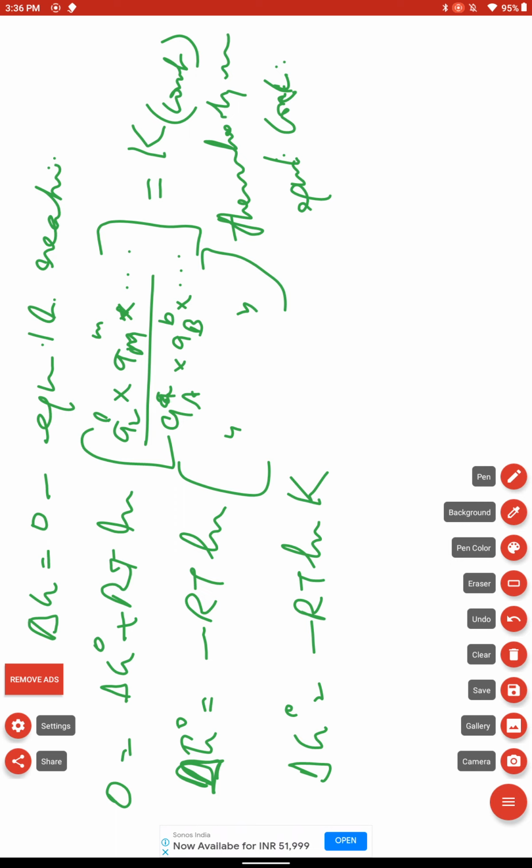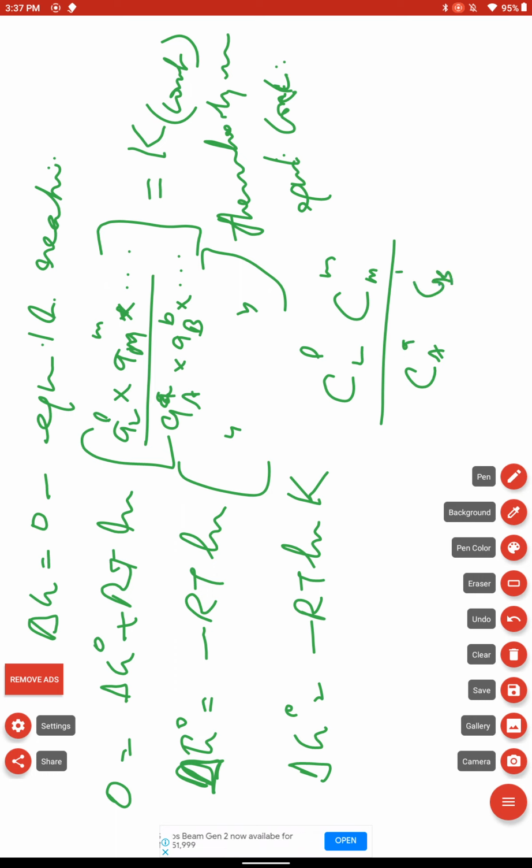In terms of the activity, when we express in terms of C, that is concentration, CL CM divided by CA CB, that becomes Kc.